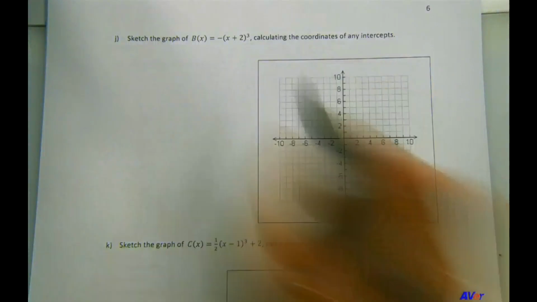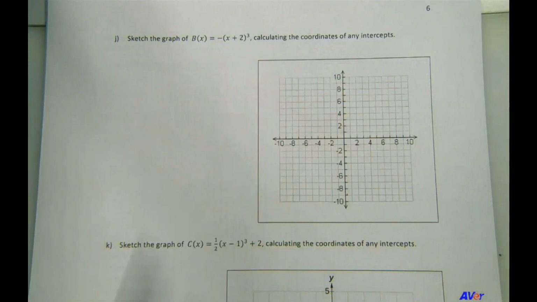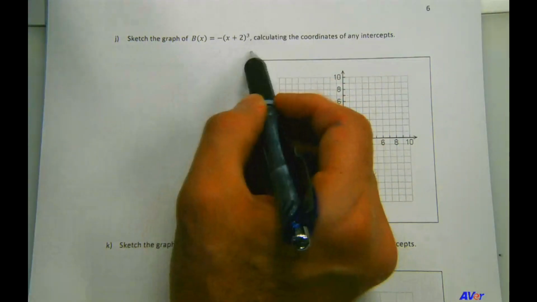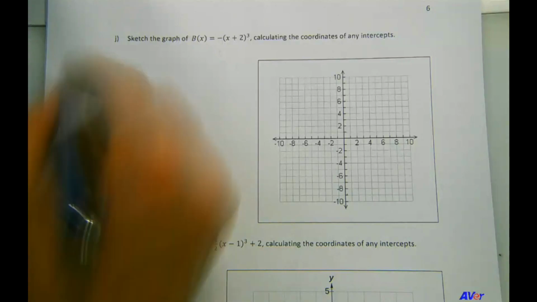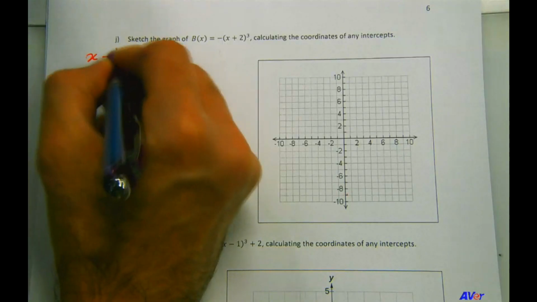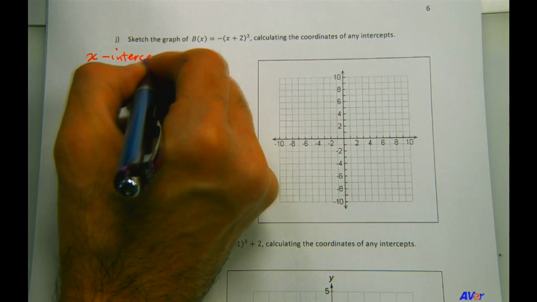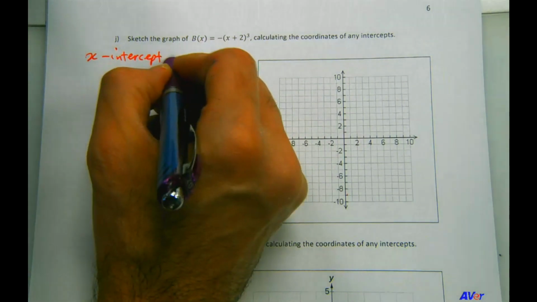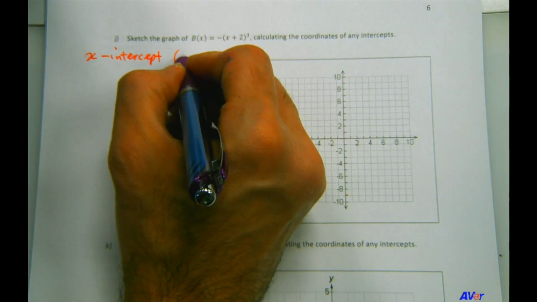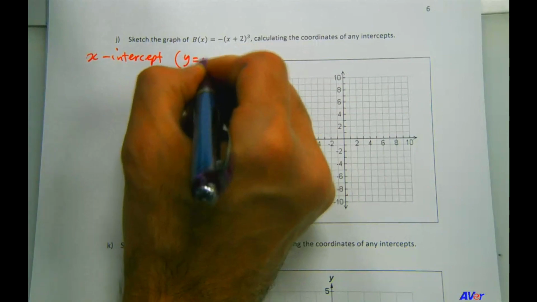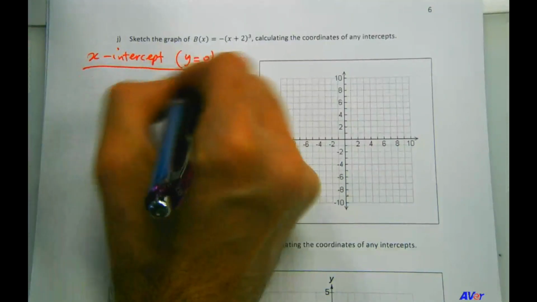So let's calculate it. Let's find the intercepts and everything. So the x-intercept, that's when the y value is equal to 0. Let's find that.